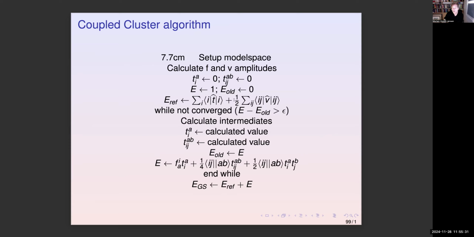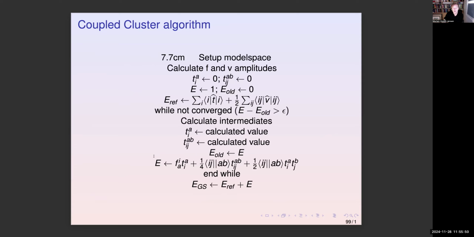We calculate the reference energy that has to be calculated. And while not converged, meaning the new energy minus the old energy is larger than the number we want to estimate, we calculate the intermediates. So we have the new values, and then with these we calculate the energy.